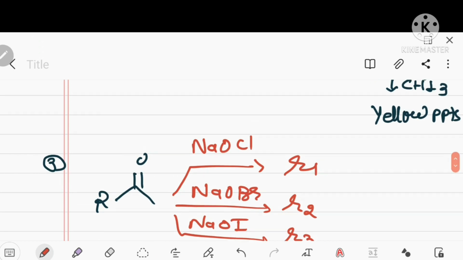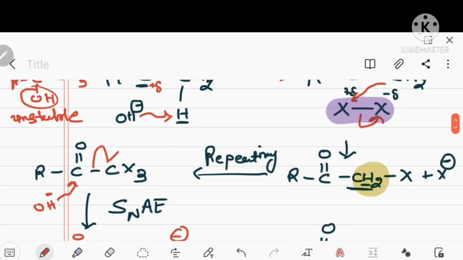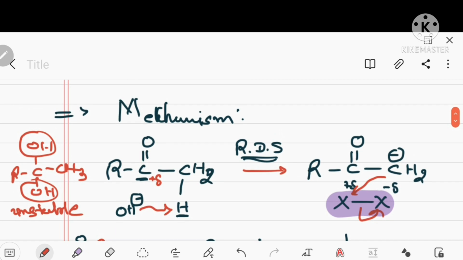Okay, so here there is no role of halogen, because our first step, forming this carbanion, is our rate determining step. Look at here, each and every student.